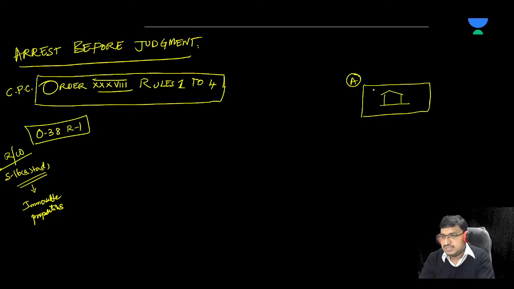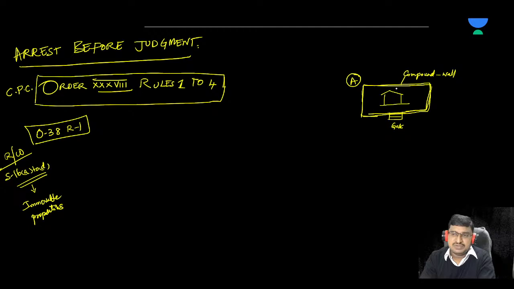For that purpose, he has constructed this compound wall and placed his gate. This is a gate, and this is a compound wall, friends. He is intending to construct a house within this compound wall. First, he has constructed a compound wall in order to avoid illegal encroachments by others.